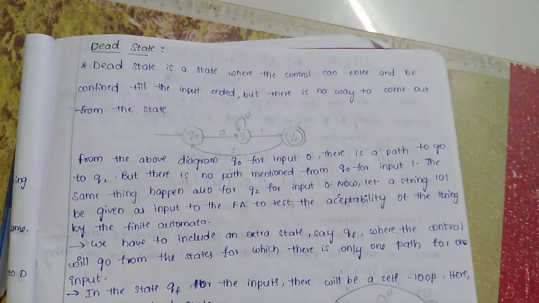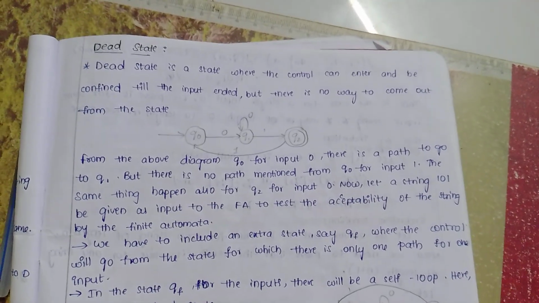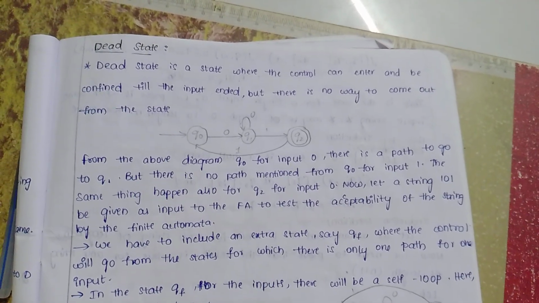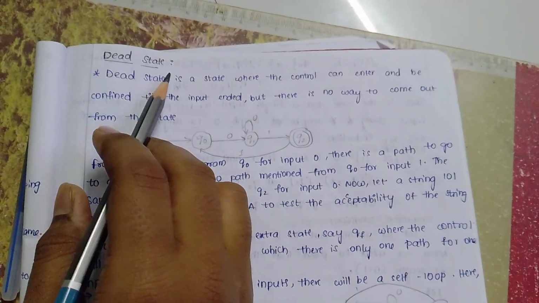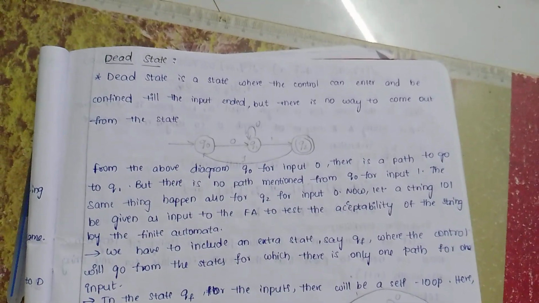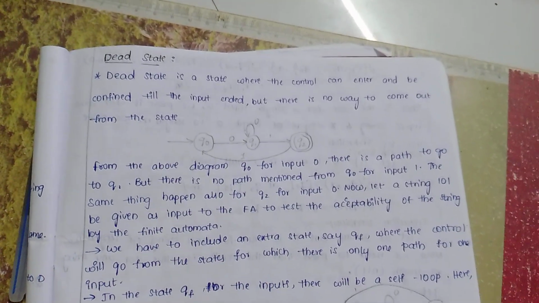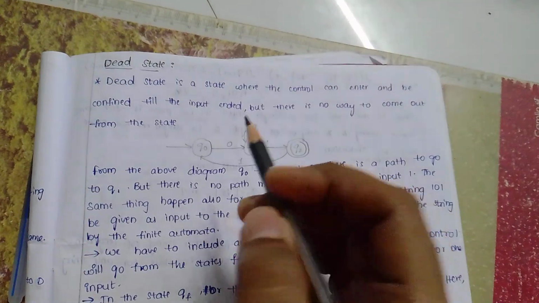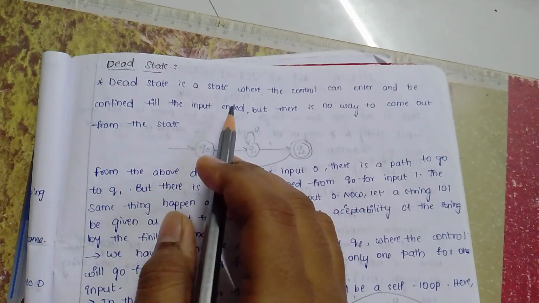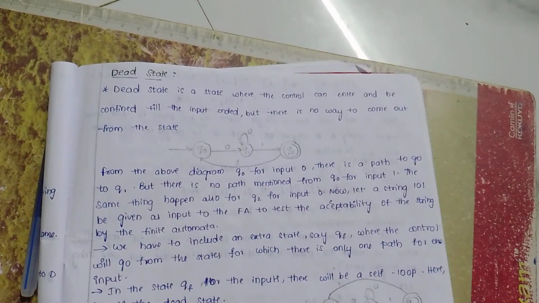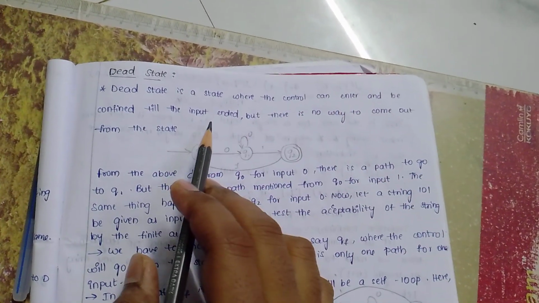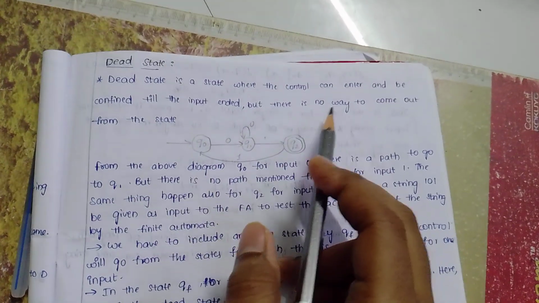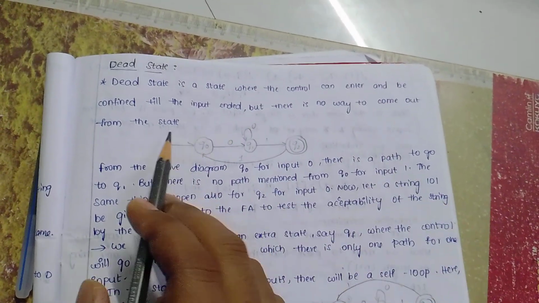Today I am discussing the test state and also the theorem about equivalence of DFA and NFA. Now we see what a test state is. A test state is a state where the control can enter and be confined till the input ends, but there is no way to come out from the state.